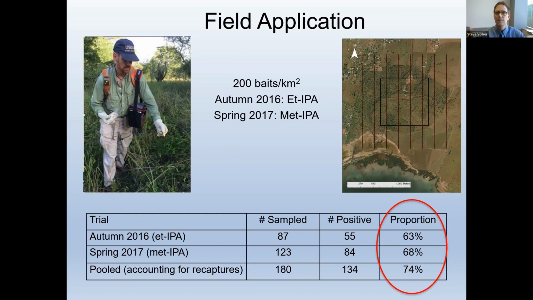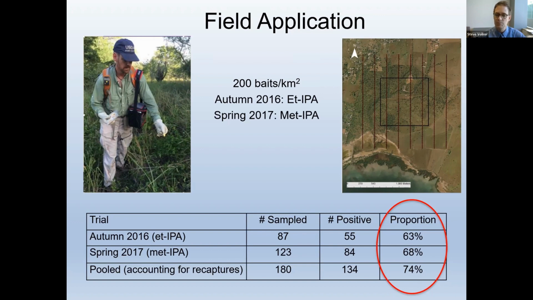Now, the unintended benefit of the longevity of the ethyl IPA in mongoose sera allowed us to determine in the spring of 2017 that there were some animals we captured that still had ethyl IPA in their serum. And these are animals we had not captured and sampled during the autumn trial.